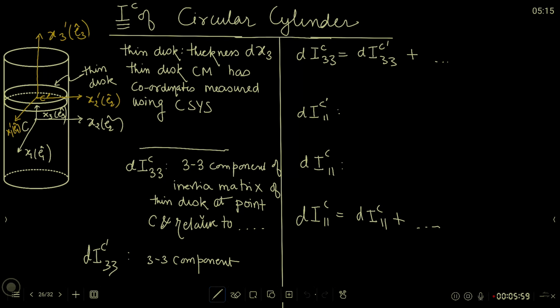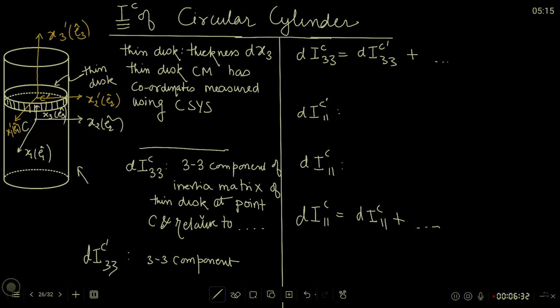Let's have a look at this figure shown on the slide. I am focusing on a part of the cylinder. That part is a thin disk, right? A cylinder can be thought of as an assembly of thin disks stacked on top of each other.